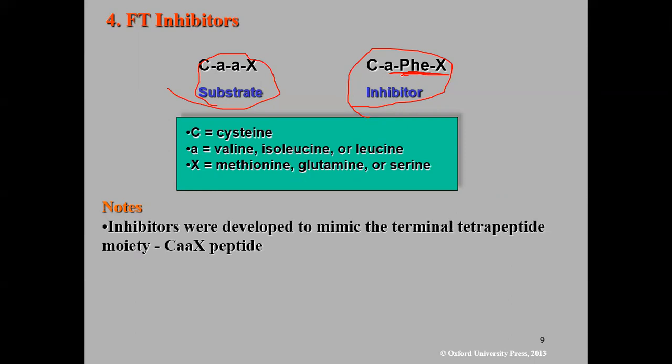The inhibitors were developed to mimic the terminal tetrapeptide. Why? Because this terminal tetrapeptide is shared among the different RAS proteins. The tetrapeptide having phenylalanine next to the methionine, glutamine, or serine acts as an inhibitor.